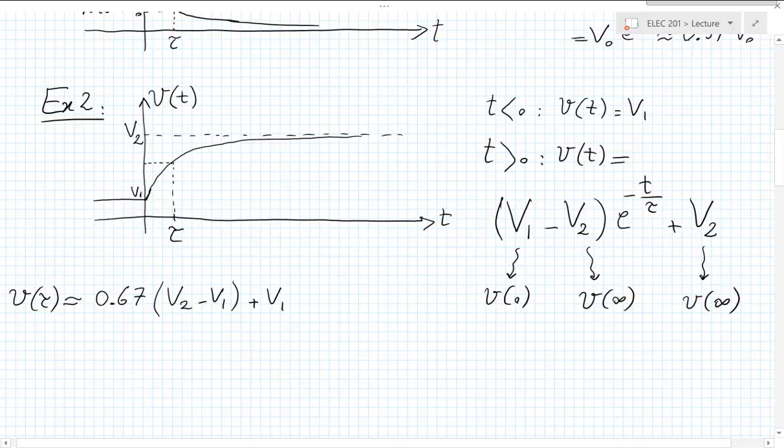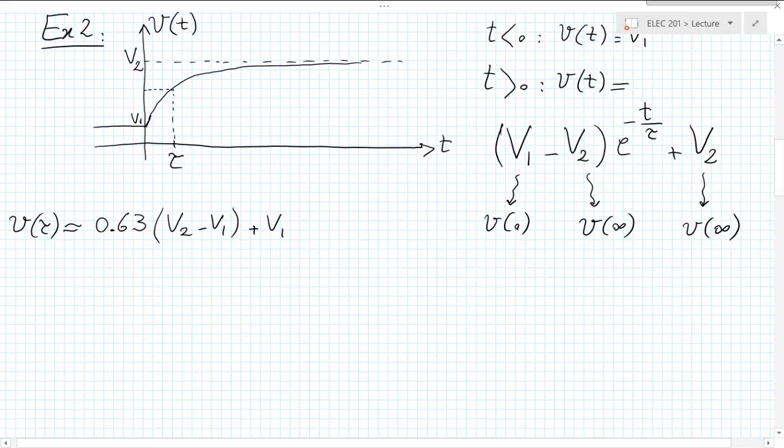Right? Did I get that correctly? 6.3, sorry, not 6.7, 6.3. Now, hopefully, that's what you would get if you put tau here. Is that what I would get if I put tau there in that equation? Has everyone verified that?